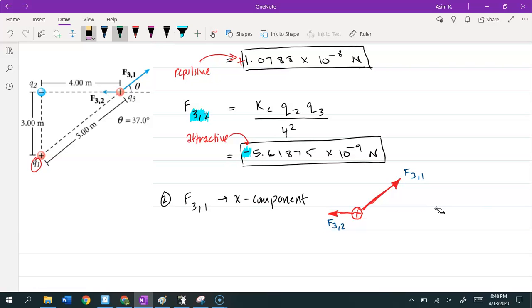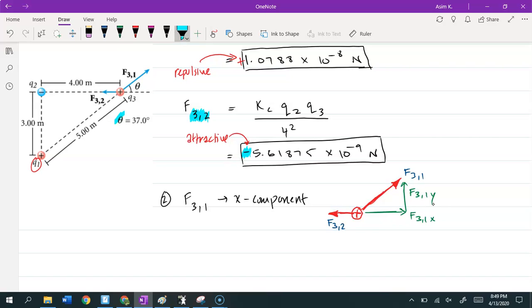And what I mean by this is, F sub 3 comma 1 has a force that is towards the right, so I'll call that F31x, and then it has a force that is upwards, and I'll call that one F3 comma 1y. So now the question starts to balloon a little bit more.